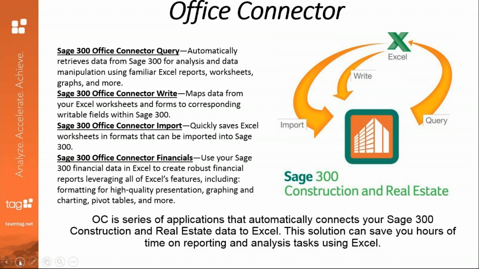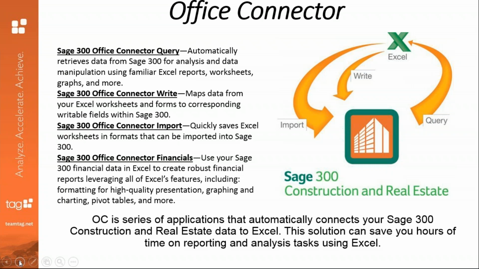Office Connector Write gives you the ability to write data back to Sage. But the data it's writing is from what they call writable fields in Sage. If you think of setting up job costs and you go in and put an address in, it's not based on a transaction. It's literally you going into the screen and typing the value. So anything that's not transaction based, you use Office Connector Write for.